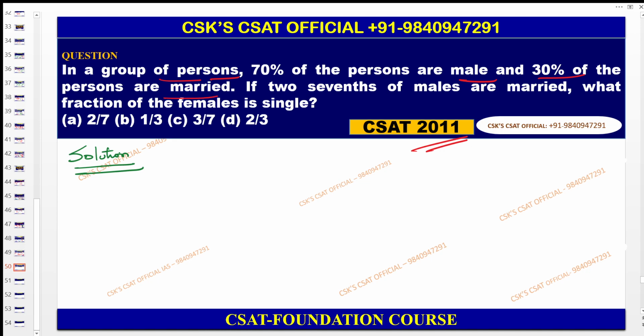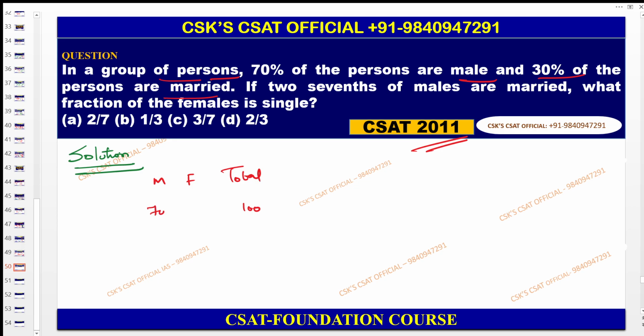See, still UPSC were asking this kind of model, 2011. They are following some patterns. Nowadays you are getting things like foreigner, Indian student, like this. They're just changing the words. Now take the total as 100. Then automatically you can find the male and female.